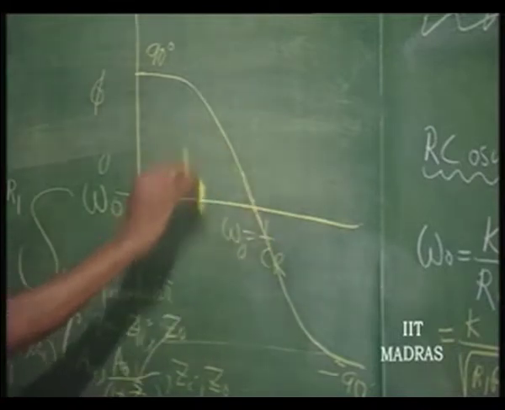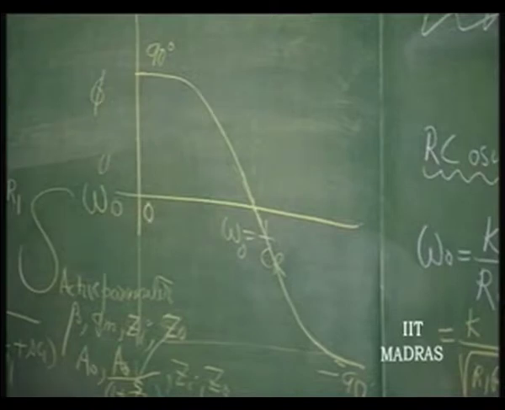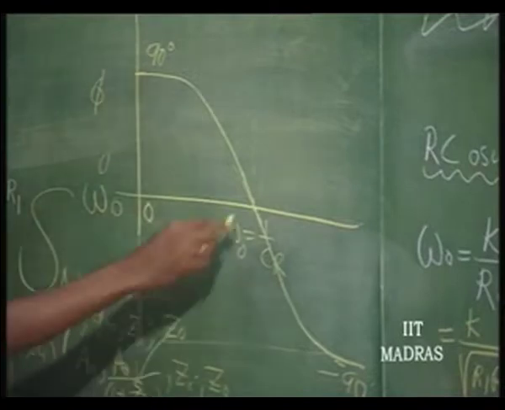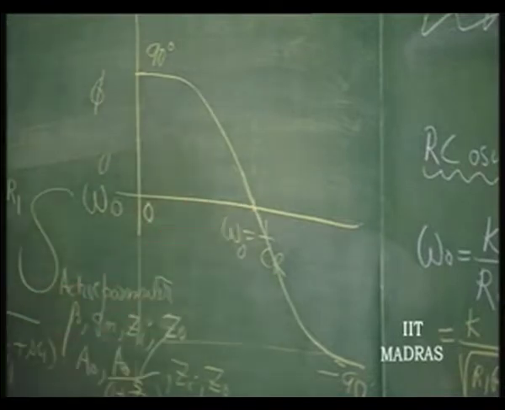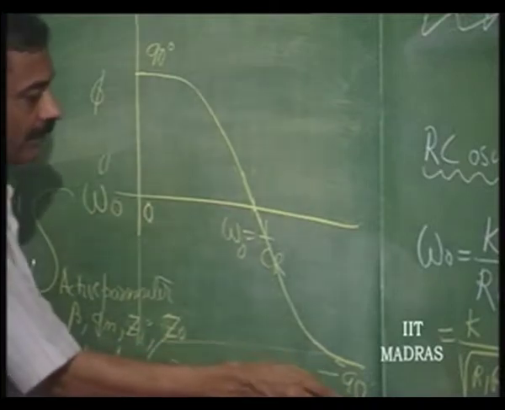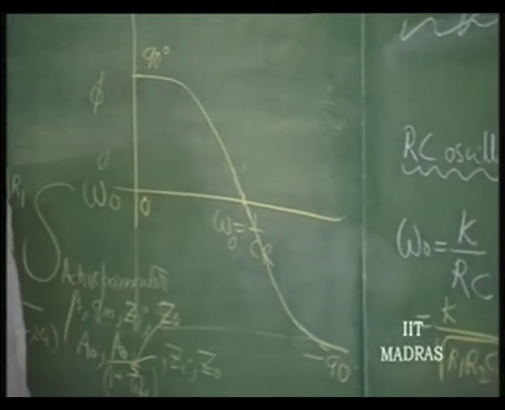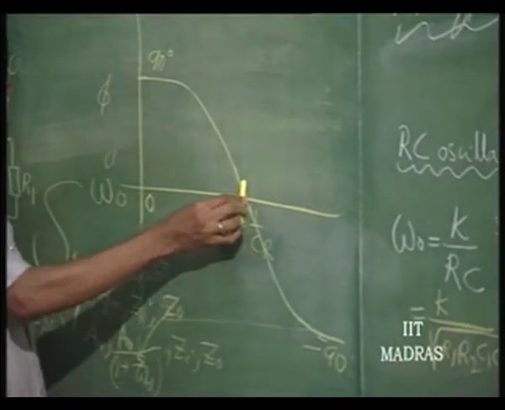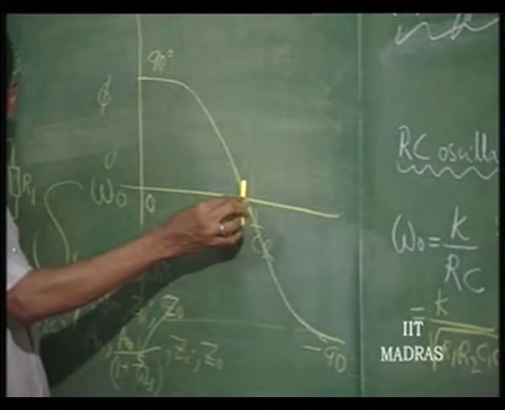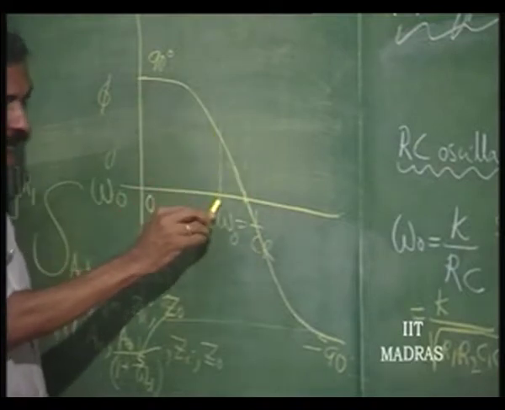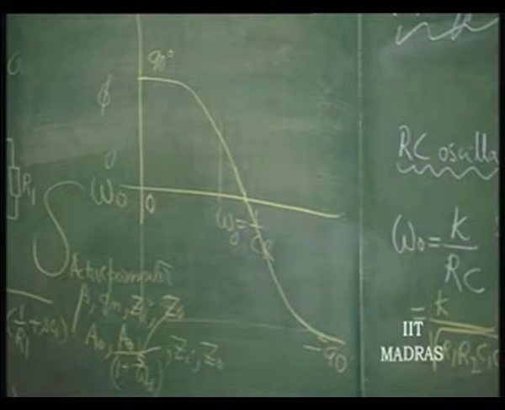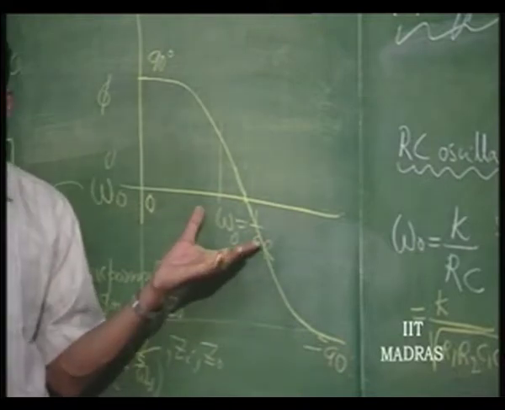How it changes at this point is important. Now, you can see if this 90 degree is lag, this 90 degree is lead. That means, if it has to contribute to lead angle, then the frequency fixed by this network should be less than omega naught, which is 1 over CR.